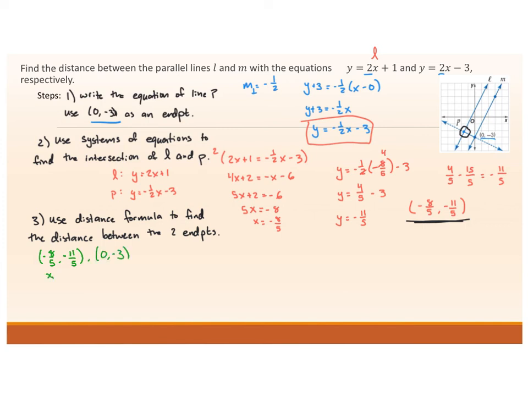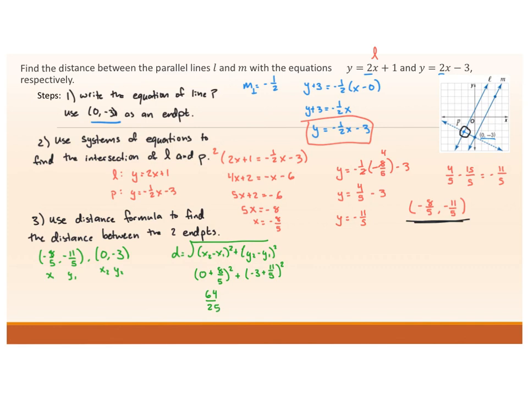This is going to be my x1, y1, and then x2, y2. Now I'm just going to plug in. 8 over 5 squared, that's going to turn into 64 over 25.